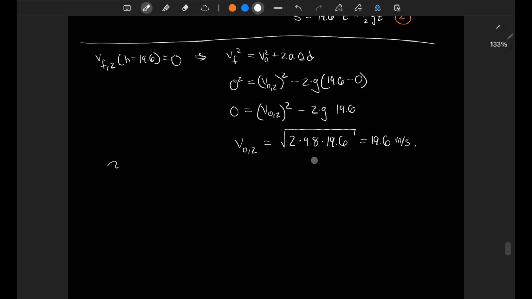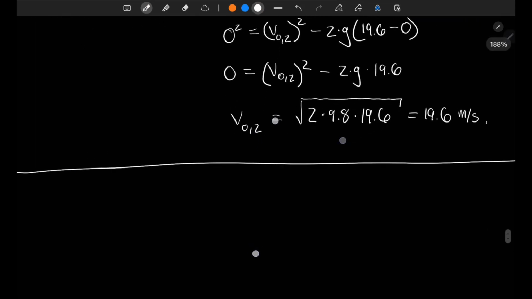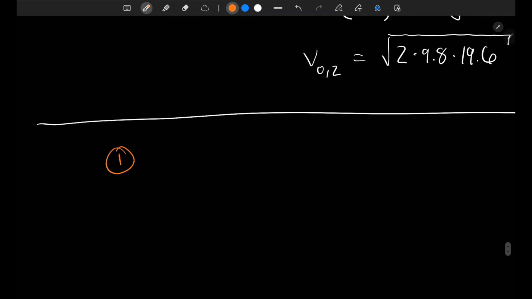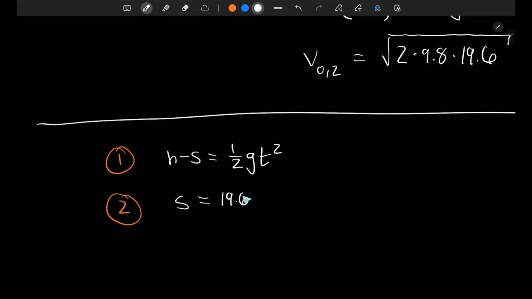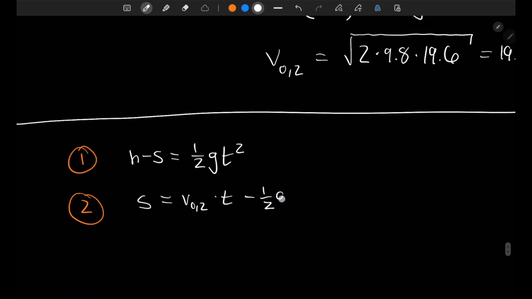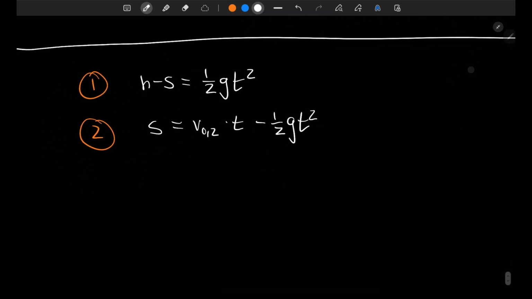If I draw another line here, I want to add equation 1, which is h minus s is equal to 1/2 gt squared, to equation 2, which is s is equal to 19.6 times time. Maybe I'll keep this as v0 2, because we already know what that is, minus 1/2 gt squared.